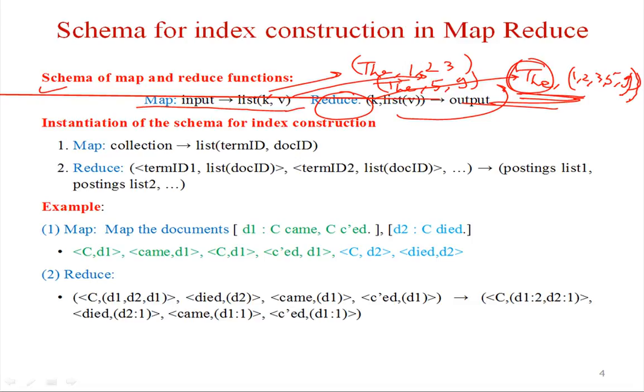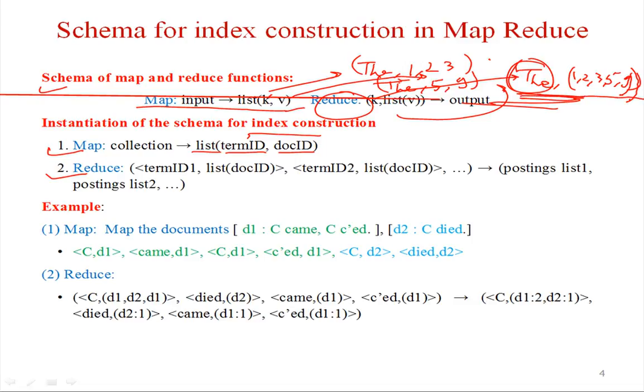For example, the schema for index construction: the map function collects the list of all term id and document id pairs, and reduce combines multiple term id and document ids into posting list 1, posting list 2, and every posting list contains such reduced information.